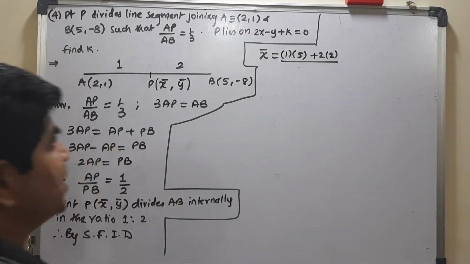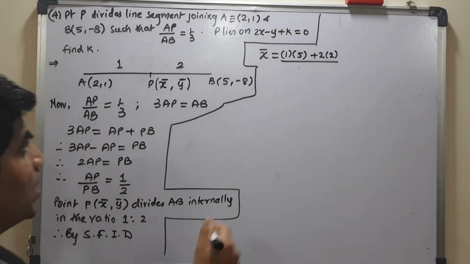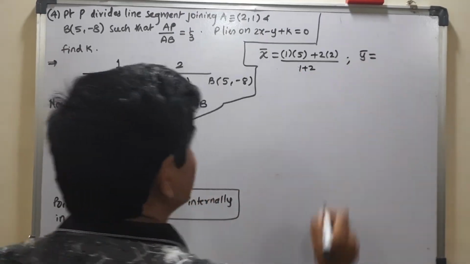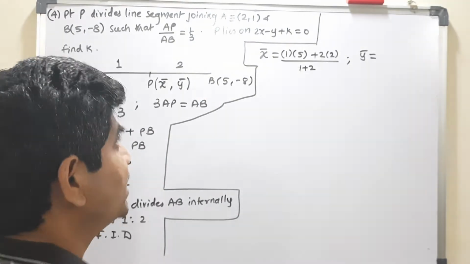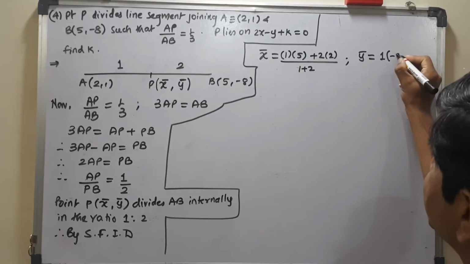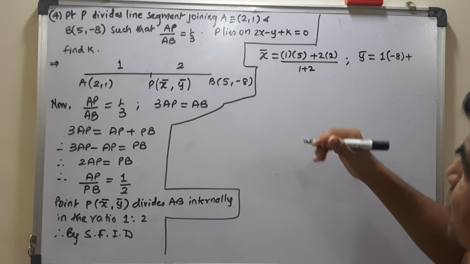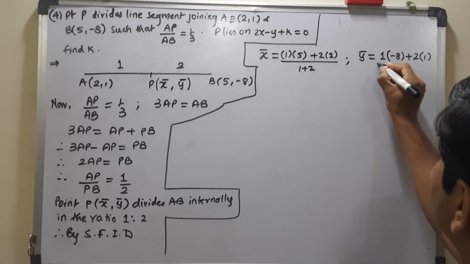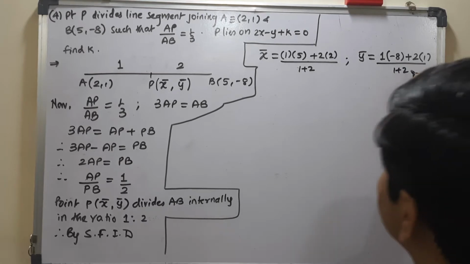X with x and y with y, upon 1 plus 2. And same is your y bar, same story: 1 into the right y coordinate, that is minus 8. We have done ample questions on this. So 2 into the left y coordinate, that is 1, upon 1 plus 2.